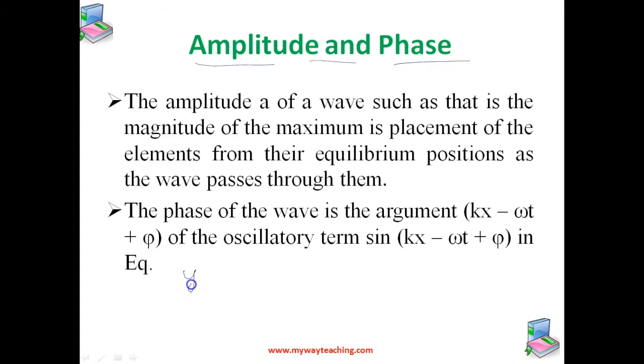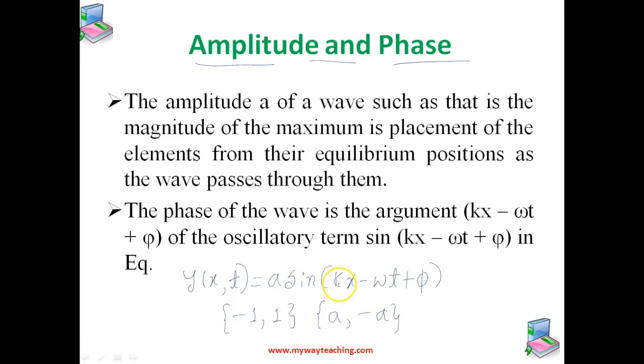See the equation, that is y of x comma t is equal to A sine kx minus wt plus phi. It varies between 1 and minus 1, isn't it? And the displacement, this y of x comma t, varies between A and minus A.